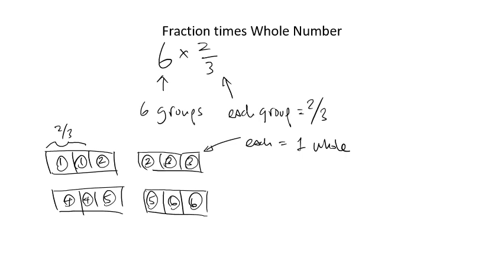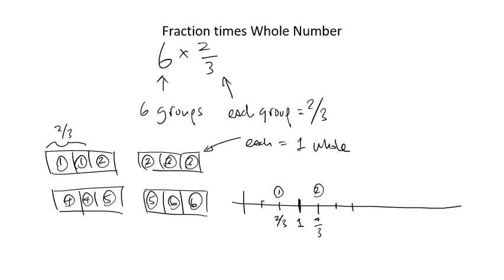I could also do this on a number line. So mark off 1, 2. And so I can mark that as group number 1, 2/3. I'm going to make a big mark here to show 1. And then group 2 would go another third and another third. So there's group number 2, which gets me to 4/3.